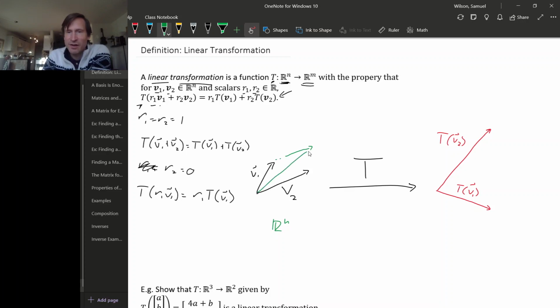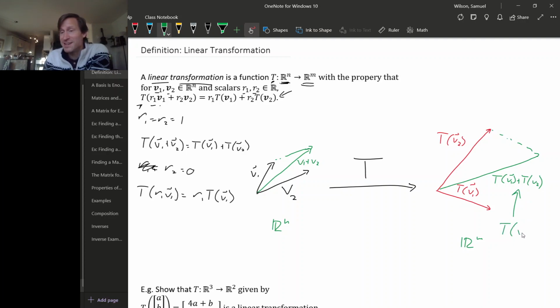So here's the sum, v1 plus v2. We could also add the results over here in Rm. So if we add these two vectors here, then what we get is T of v1 plus T of v2. And T is a linear transformation when this vector, T of v1 plus T of v2, is actually what T does to the sum.